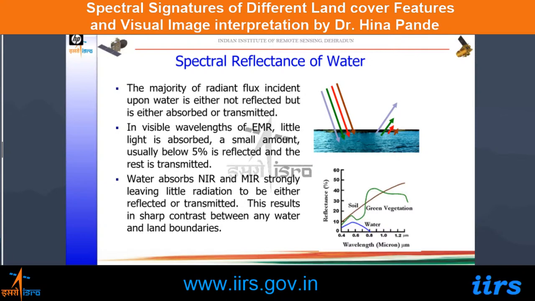So reflectance decreases at all the wavelengths as grain size increases. So when grain size becomes larger, the reflectance is less. So this helps the interpreter in assessing the age of the snow, right? Whether it was recent snowfall or whether the snow has been there for some considerable time.